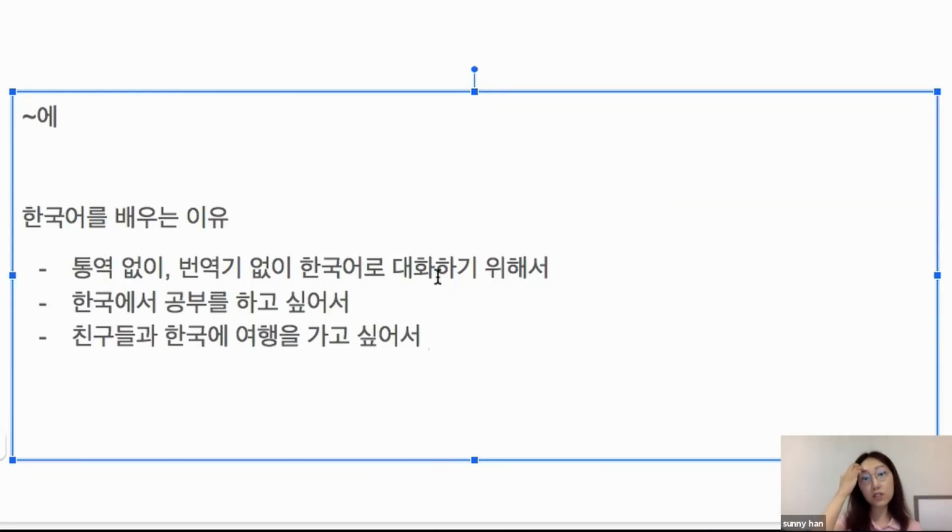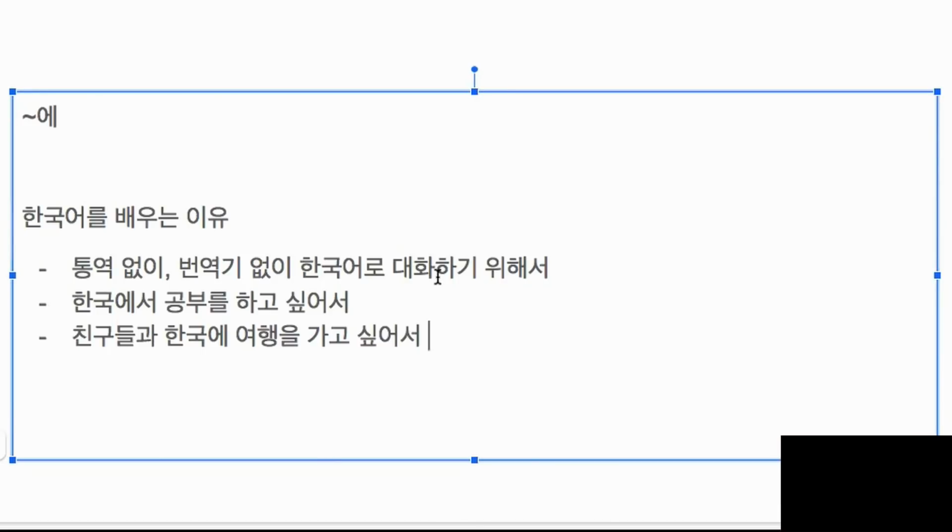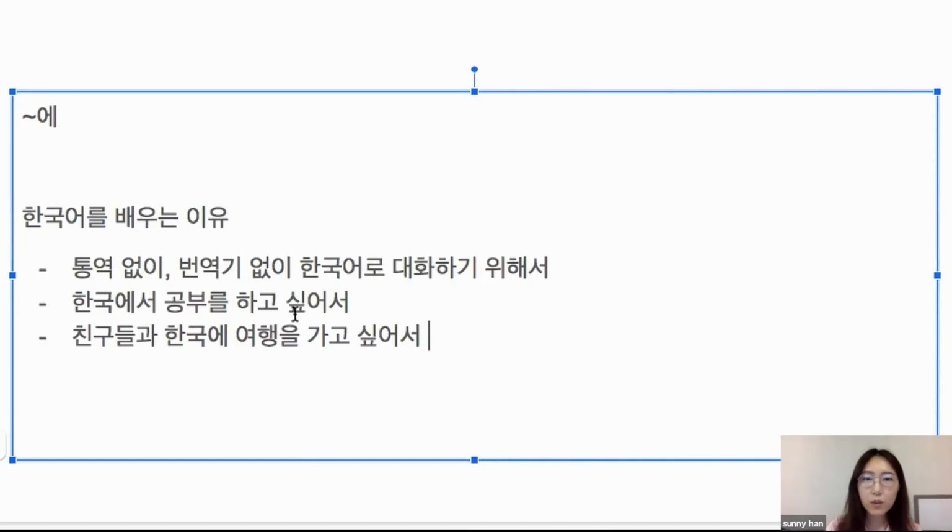Because I want to have a conversation in Korean without a translator. And 하고 싶어서, because I want to do. We add 공부를, study, 한국에서, in Korea. 한국에서 공부를 하고 싶어서, because I want to study in Korea.